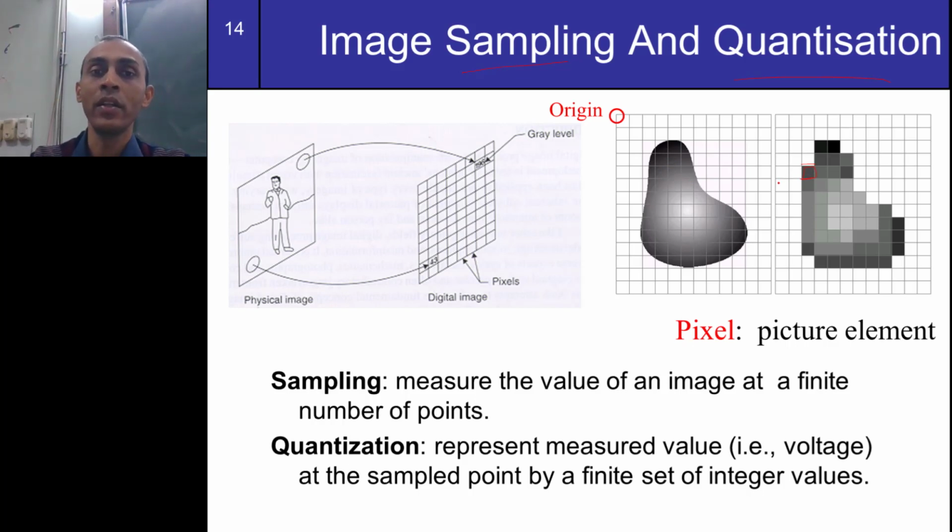We are measuring the image at only a finite number of points, and the intensity values too, instead of all real values ranging from 0 to some value, we'll measure at discrete intensity values. We represent them with discrete levels of intensity, and that is called quantization.